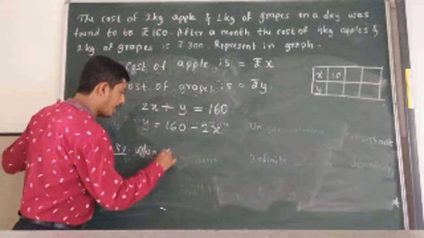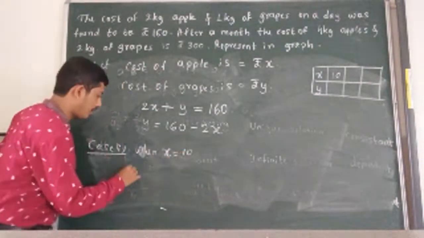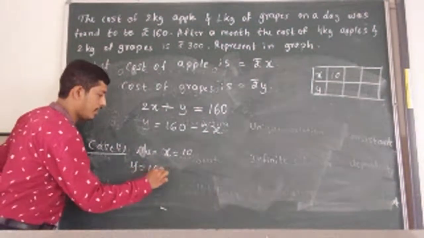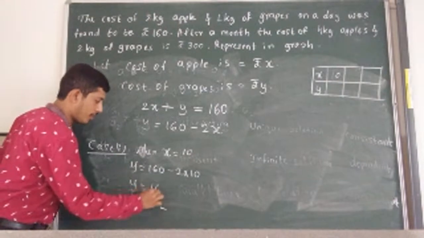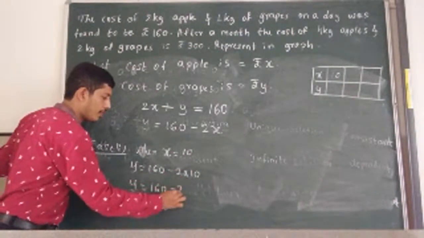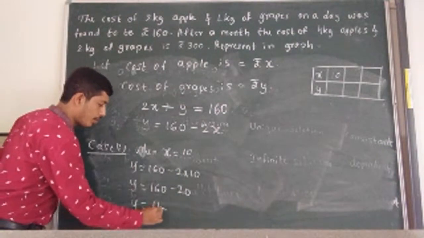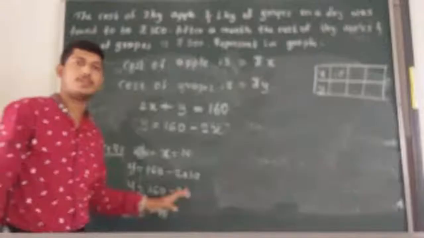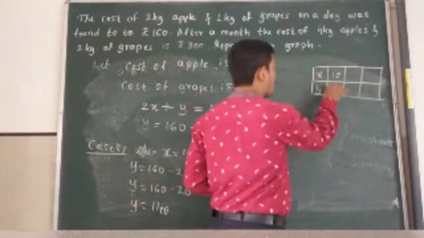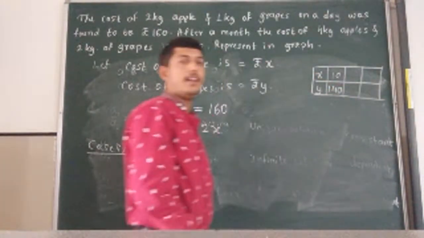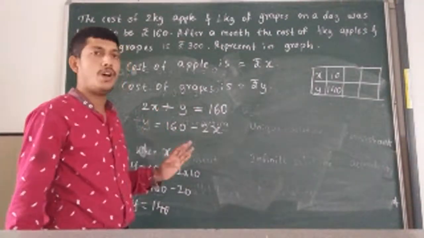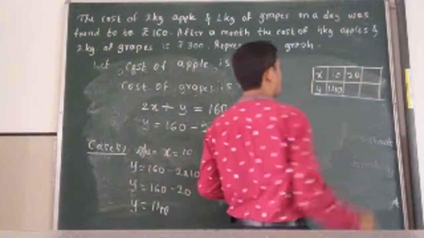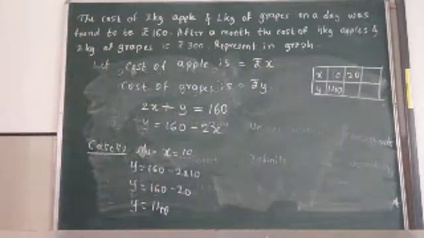When x equals 10, y becomes 160 minus 2 into 10, that is 160 minus 20, so y equals 140. Therefore, when x equals 10, the y value is 140. This is the first case. Now I will consider the value of x as 20. Find out the value of y when x is 20. Find it fast.